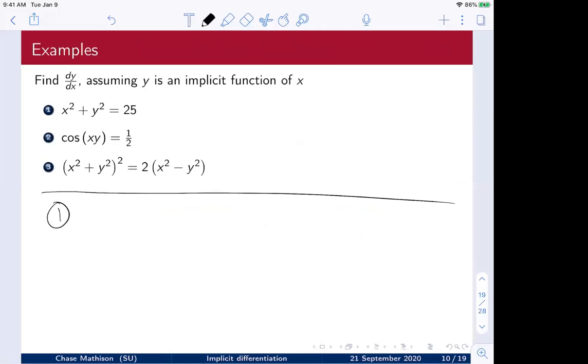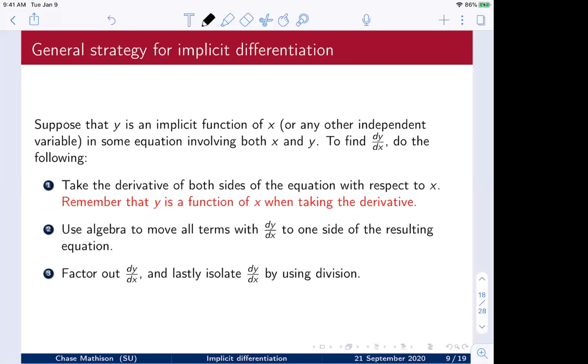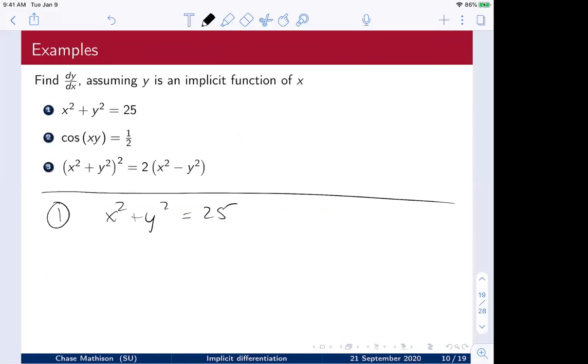I want to find dy dx, x squared plus y squared is equal to 25. So what's step 1? What should I do to both sides of this? Take the derivative with respect to x, right?